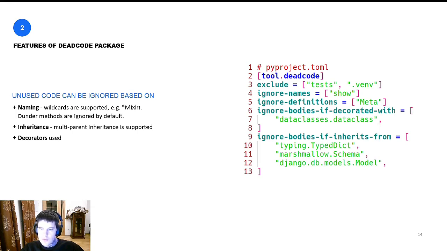You can ignore bodies of data classes. You can ignore bodies if a class inherits from Model, TypedDict, and Schema, and it makes that code way more convenient to use.